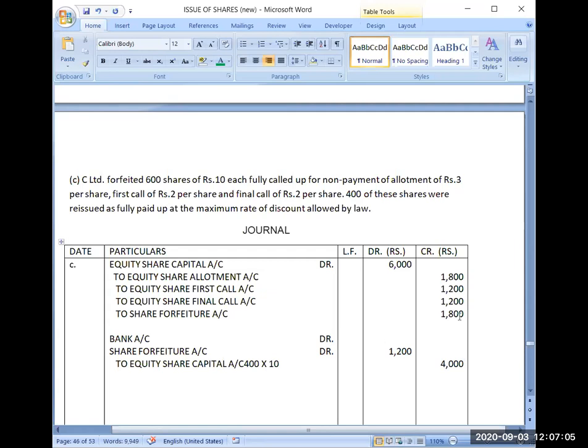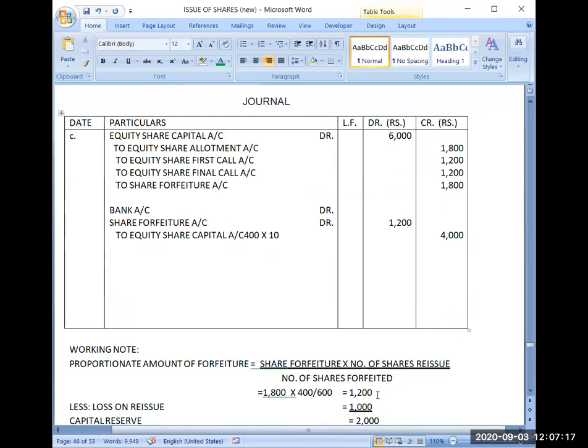Yeah, I said the amount in forfeiture for those number of shares which you are reissuing, not the full amount. So that's why this proportionate amount is required to be calculated. So for these 400 shares, you have only 1,200 rupees in the share forfeiture account. This much discount you can give.